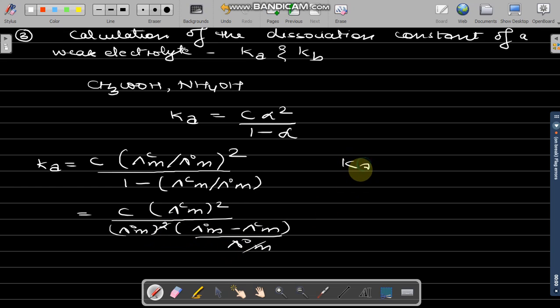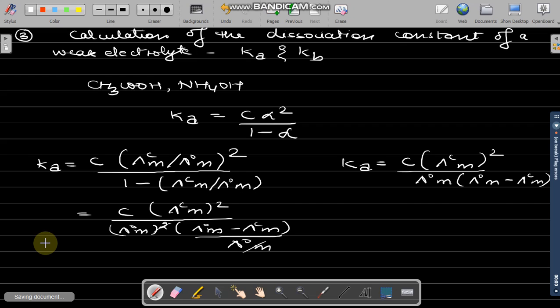So Ka will be this. On this basis, we can do the numericals.